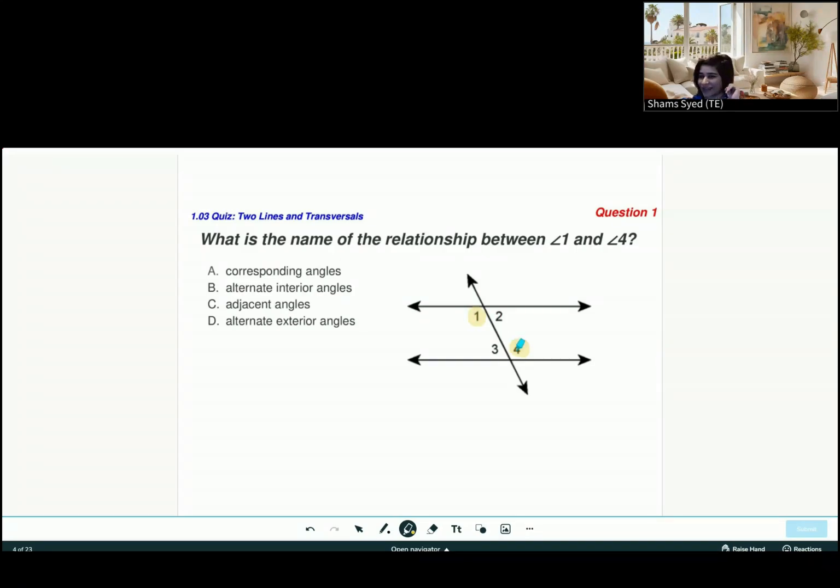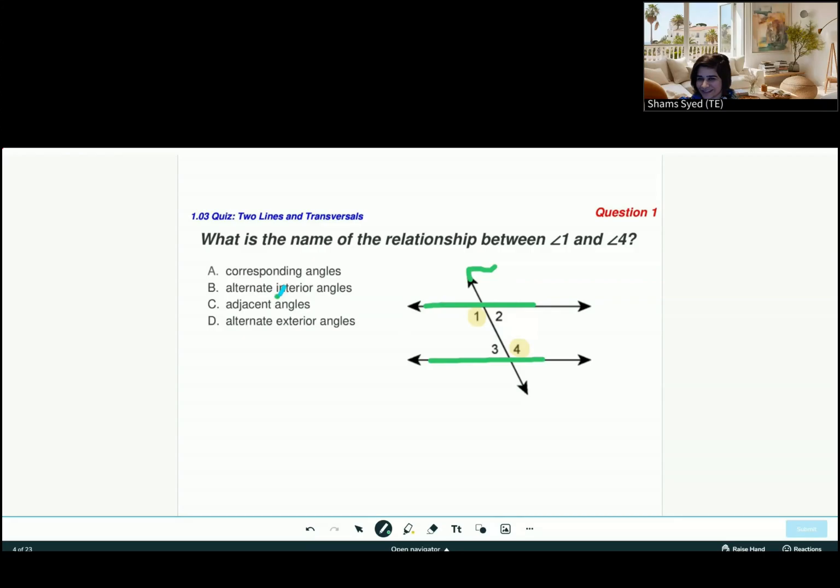If that's the case, they are on two different sides of the transversal. This line is called a transversal, right? Two different sides of the transversal. Also notice that these angles are inside the parallel lines, not exterior, inwards.